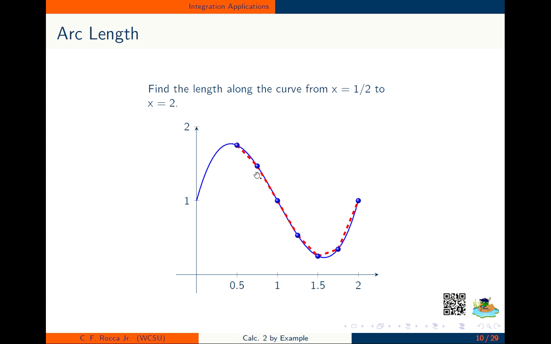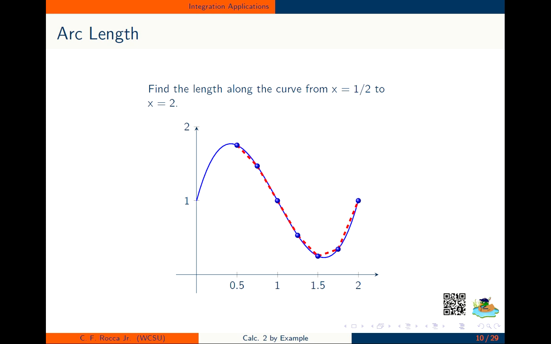Here I broke it into 1, 2, 3, 4, 5, 6 straight lines because I can find the length of those straight lines using the distance formula that you might have learned back in algebra or geometry in high school. So I can find the length of a straight line.